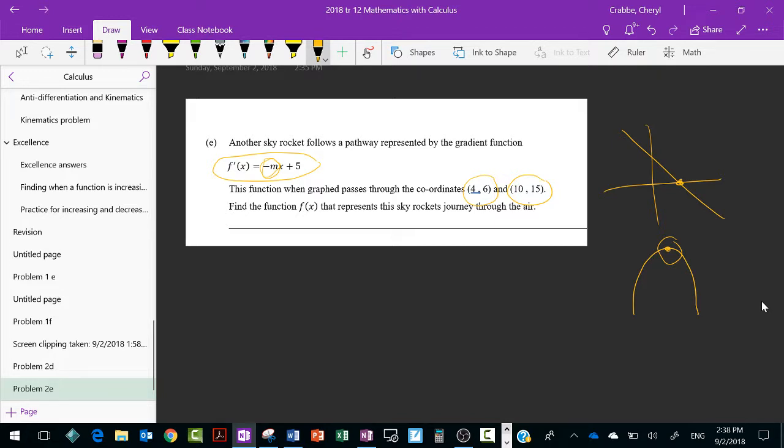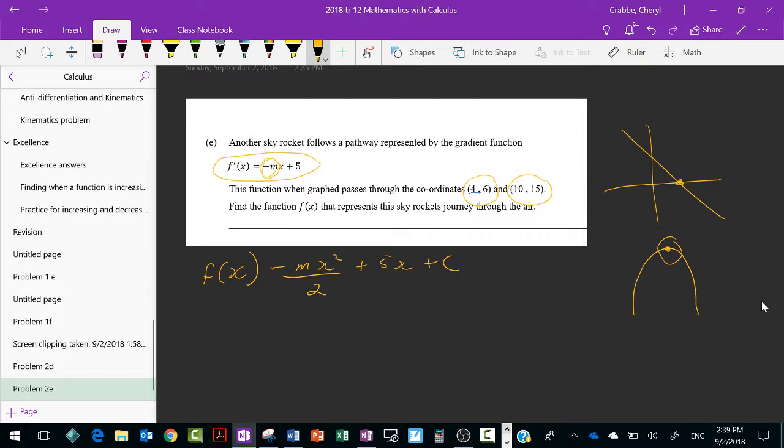So for this one, what we do know is that we can antidifferentiate what we have. If we antidifferentiate this original equation, we end up with negative mx squared over 2 plus 5x plus c. So that's our antidifferentiated expression.